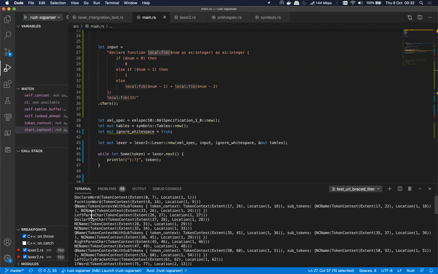You can see we have a left parenthesis, which is obviously the start of this. We have a $ character, then we have a non-colonized name. So it's pulling out all the terminal symbols in this XQuery as defined by the XQuery specification.